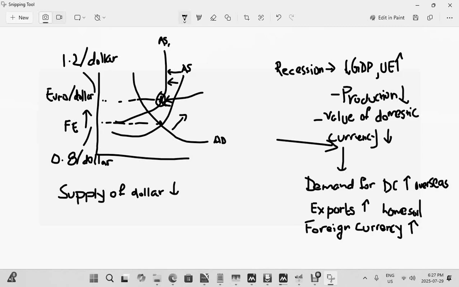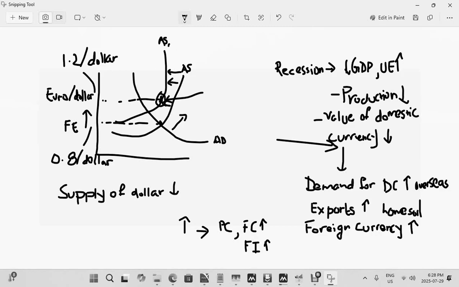Because the interest rates go up, domestic private consumption goes down, but foreign consumption goes up. So exports go up, foreign consumption goes up, and foreign capital investment goes up.